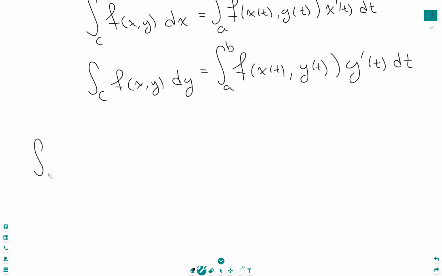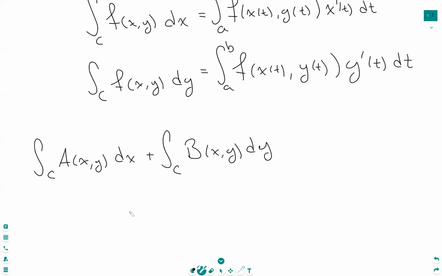Maybe I have some line integral of some function a of x and y dx, and then I have another line integral over that same path C, but this time it's over some function b of x and y with respect to y.